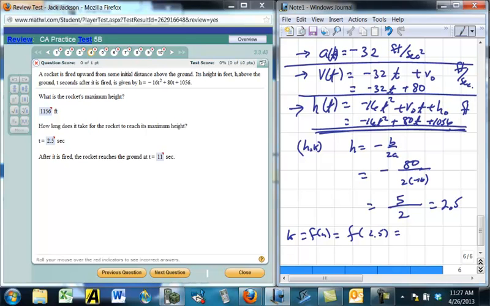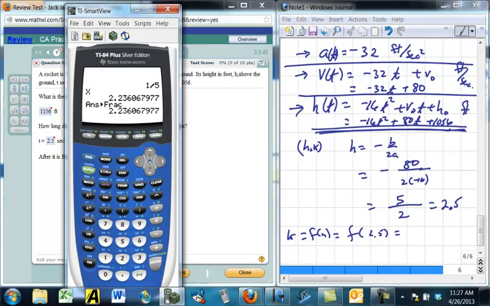So let me just plug that in. Just about any time we have an equation, we're going to go ahead and type it in here: negative 16x squared plus 80x plus 1056. Let me quit and let's evaluate.